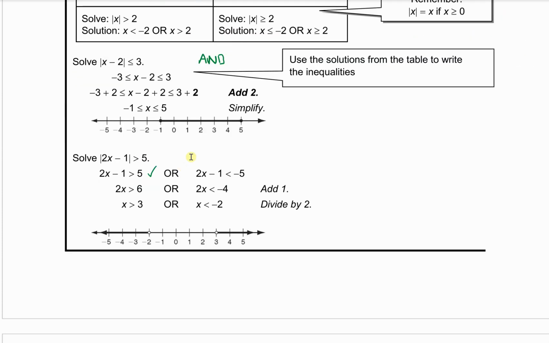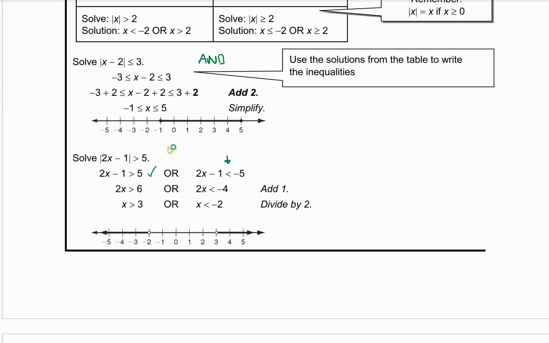But then when we make it negative 5, which is what we have to do, we have to then flip the inequality, because we're basically changing that sign to a negative, which means we're kind of like multiplying by a negative, so we have to flip it. So greater than becomes less than. And this is why these are ors, because they're going to end up pointing in opposite directions.